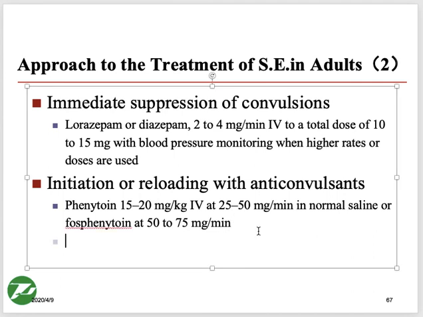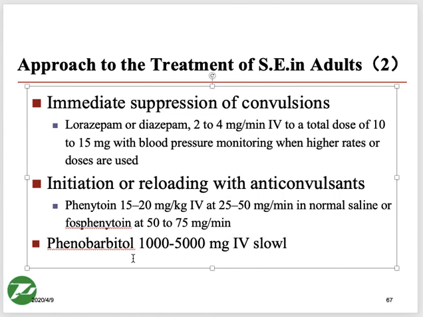If it cannot be controlled by these drugs, this is for immediate suppression, this is for loading, give the patients phenobarbital, 1000 to 5000 milligram IV slowly, over 1 to 2 hours.